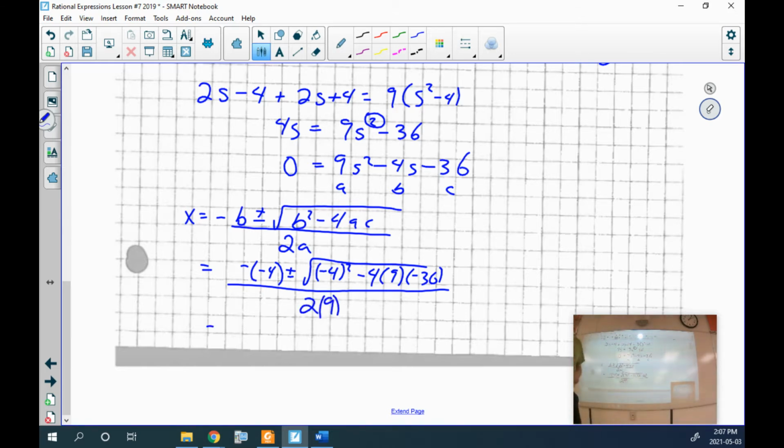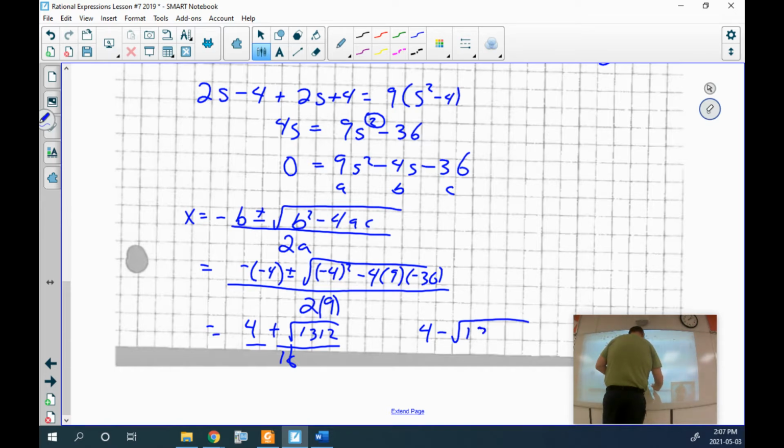Now, once you plug this in, we have 2 possible answers for this. We have 4 plus the square root of 1312 over 18, or 4 minus the square root of 1312 over 18.